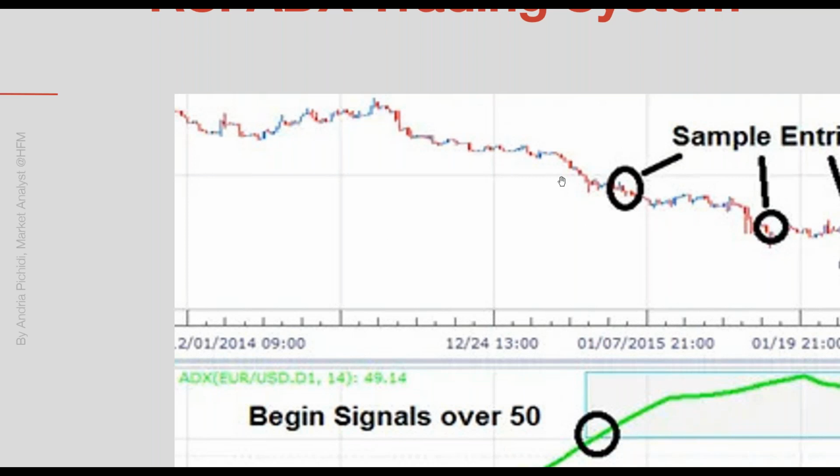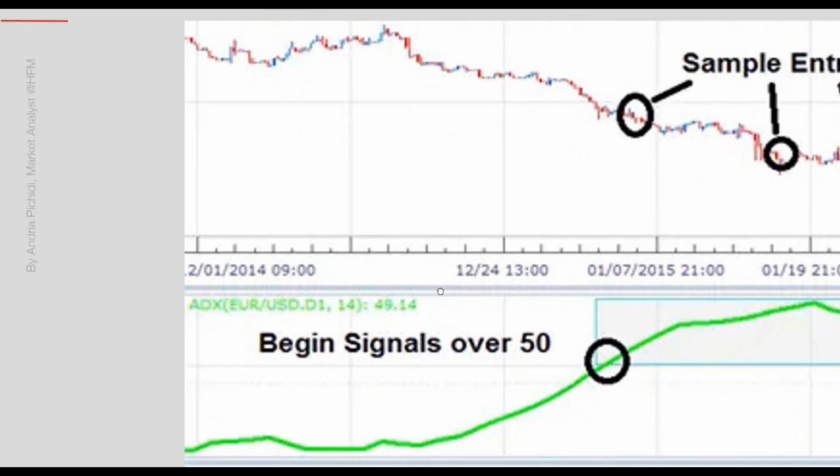Just emphasize this: are we or are we not in a downtrend, based solely on the price action, not the indicators yet? Yes, it is a downtrend.